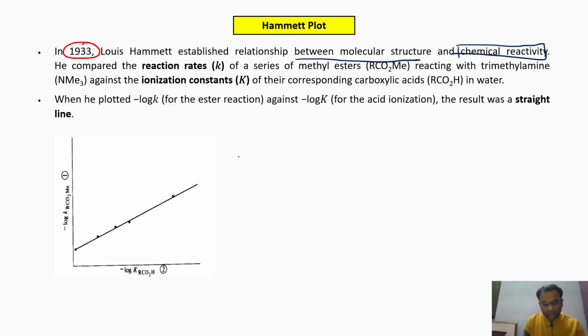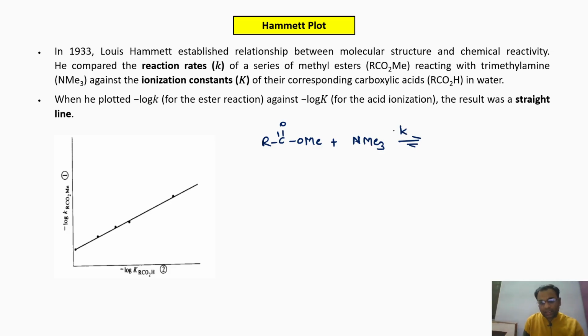Here he considered two reactions: the reaction of methyl ester with trimethylamine, and studied their rate constant, and he compared the rate of the reaction of methyl ester with the ionization of their corresponding acid, which is denoted by capital K.